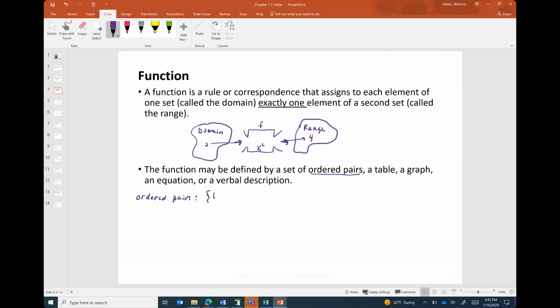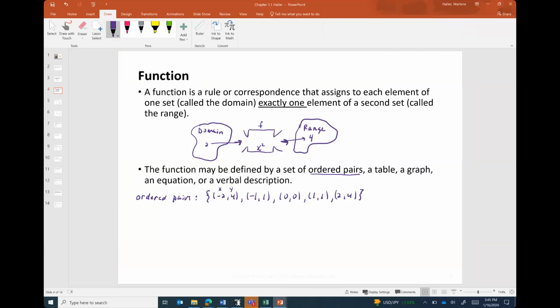And let's see, maybe that set of ordered pairs looks like this. The first ordered pair has an x value of -2 and a y value of 4. Then we may see -1, 1 in that set. 0, 0 would be another ordered pair. 1, 1, maybe 2, 4. Okay, there's a set of ordered pairs.